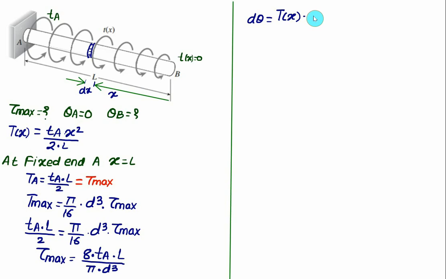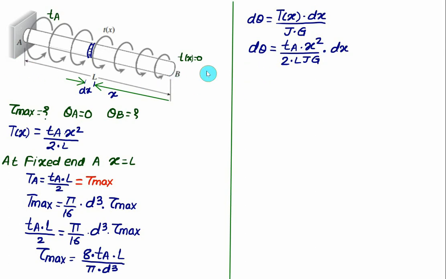The length of the element is dx, so L is replaced by dx, divided by J and G. Now the internal torque Tx we know is given as Ta into x square by 2L. So we have d theta equal to Ta multiplied by x square divided by 2 times L, and further divided by J and G, multiplied by dx. So this is the equation we have to use to calculate the total angle of twist at end B.